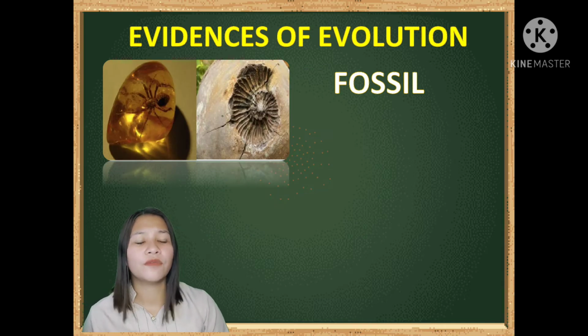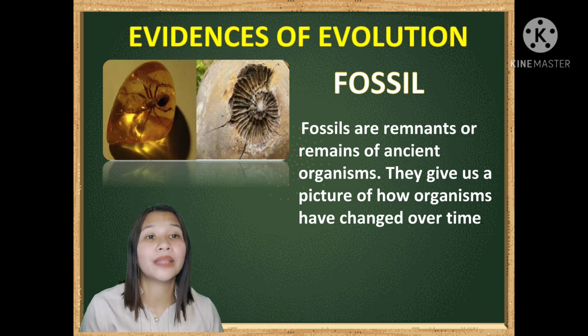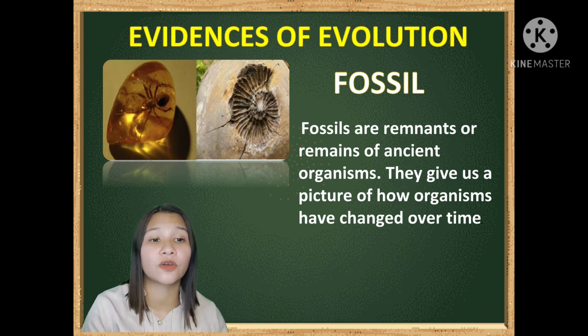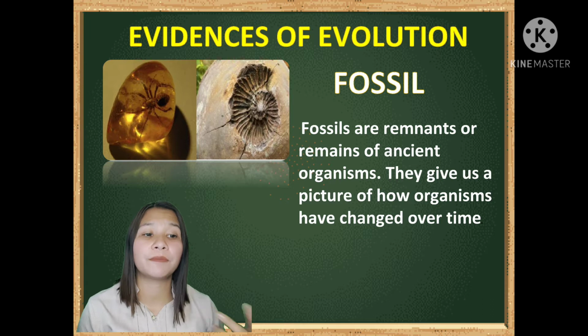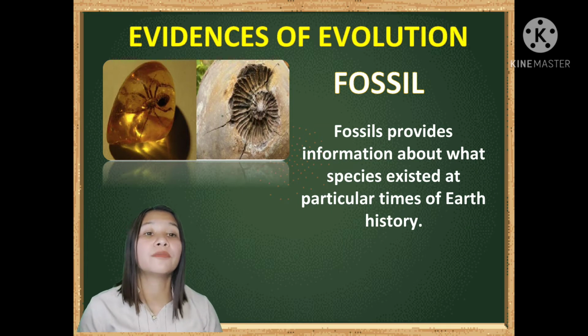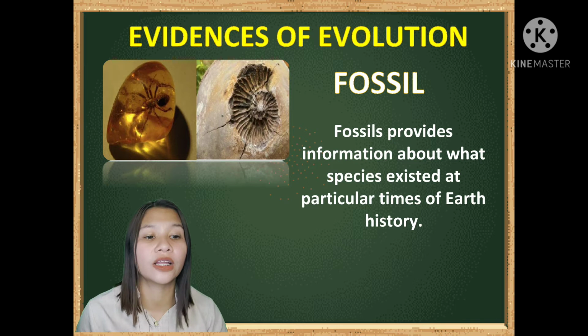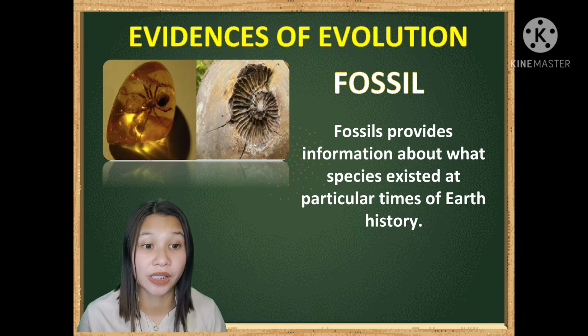Perhaps the most common evidence is the fossil record. Fossils are remnants or remains of ancient organisms. They give us a picture of how organisms have changed over time. And fossils provide information about what species existed at particular times of Earth history.